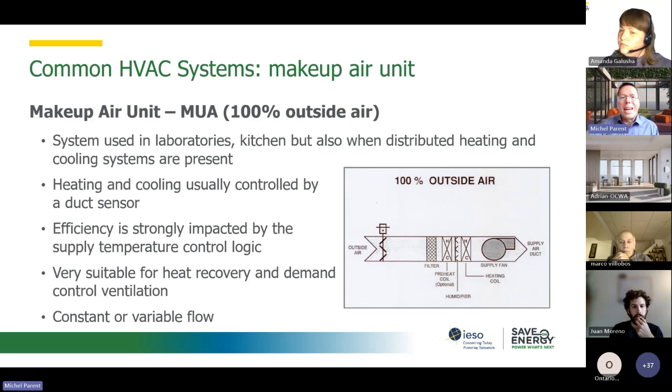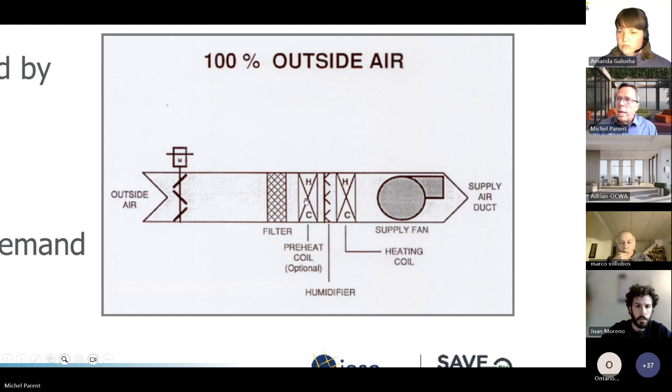Is it what we call a cold deck system? A cold deck system has a temperature sensor in the ductwork. So the heating coil that you see in the little picture here, those heating coil, they are controlled not by a space temperature sensor, but by a duct sensor.